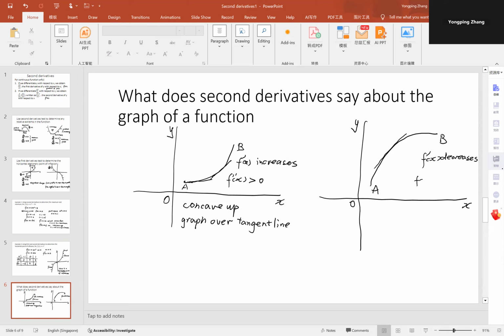The second derivative is negative. So this is concave down. The graph is below the tangent line.